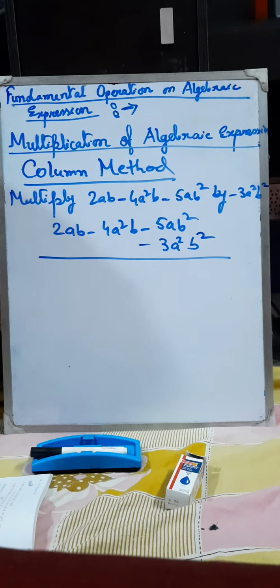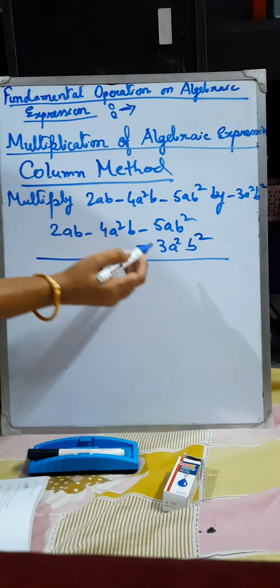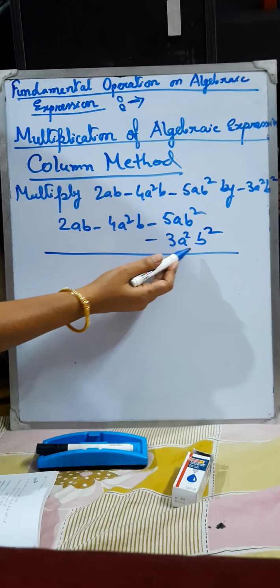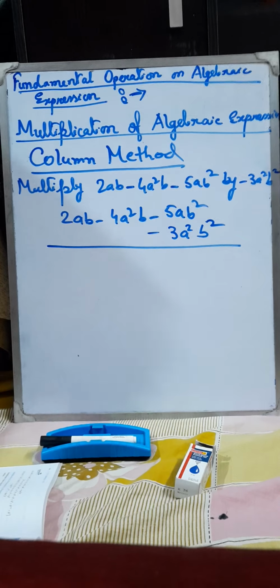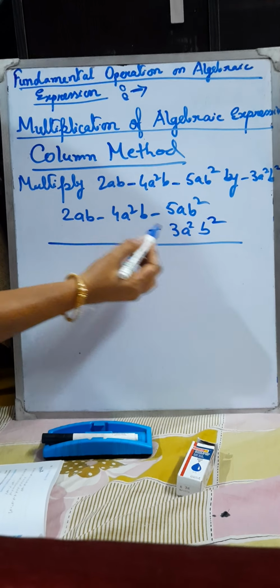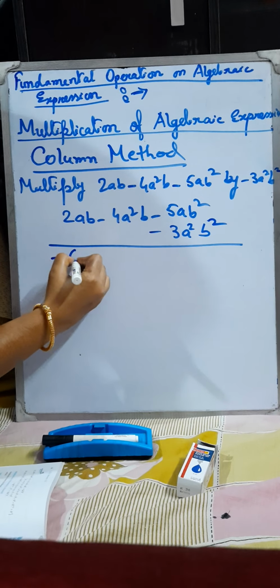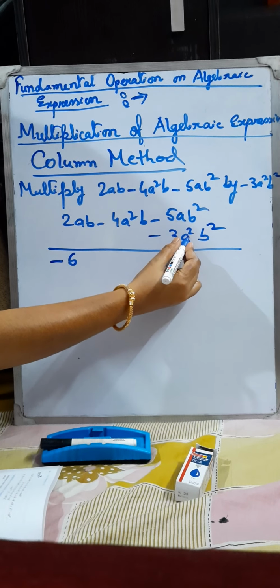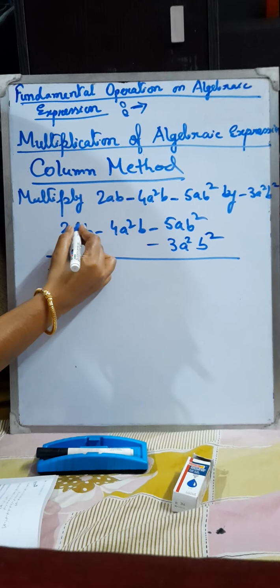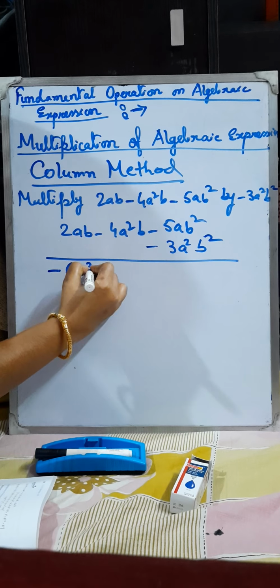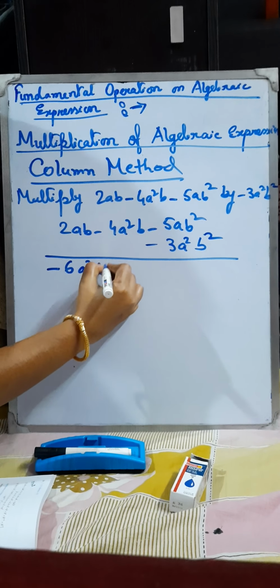Now you multiply minus 3a square b square by each part. First, 3 into 2, minus 6, a to the power 1 and 2, that means a to the power 3, b to the power 3.